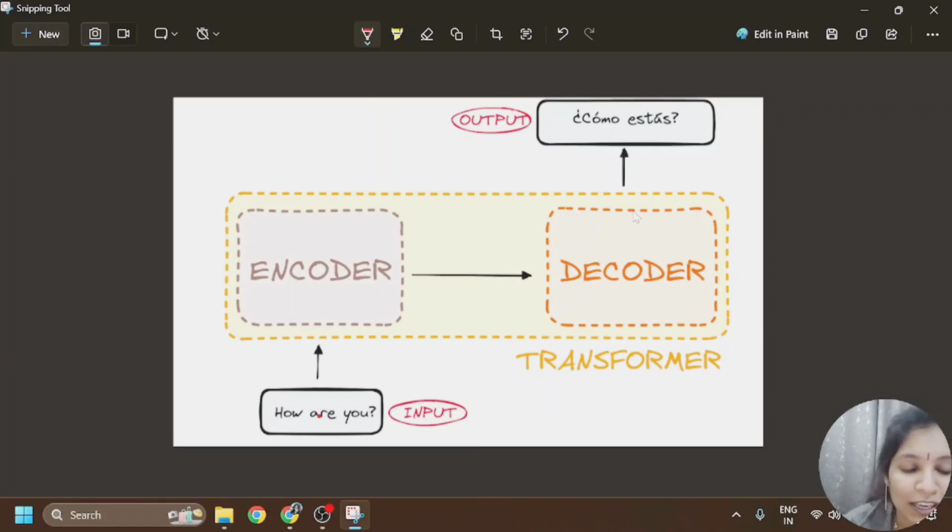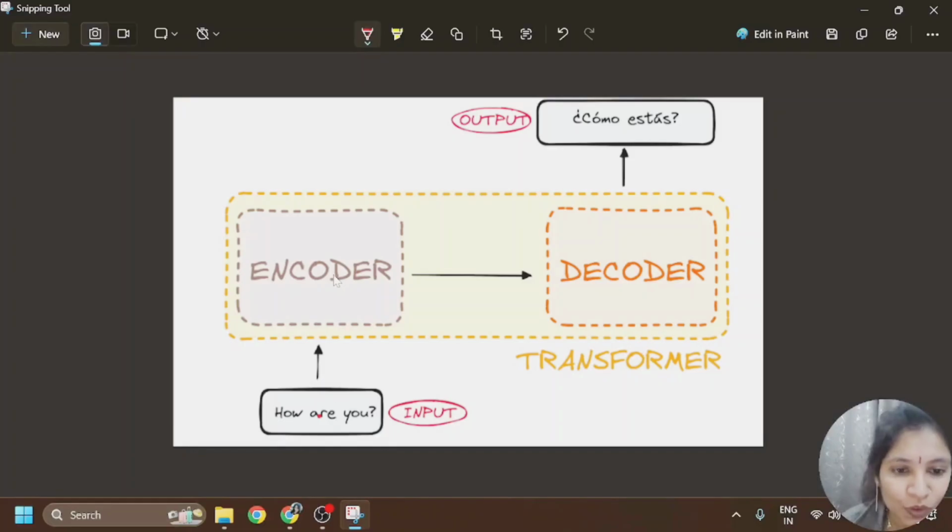Both the encoder and decoder are not a single layer or single block. They are stacks of multiple layers. The encoder has multiple layers, and the decoder also has multiple layers. Here you pass "how are you" as input into the encoder, and the encoder understands the input text.